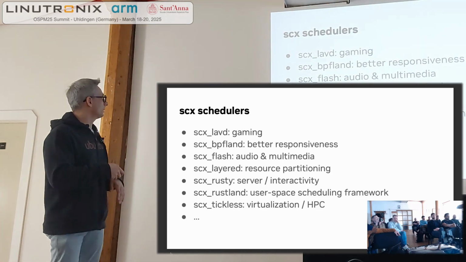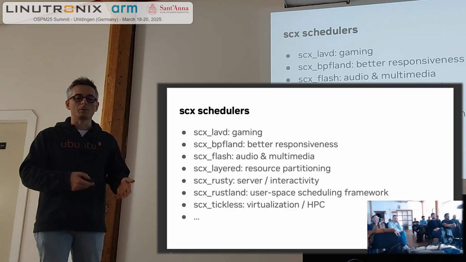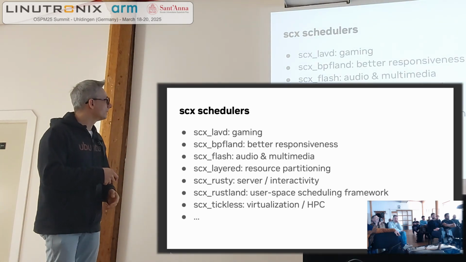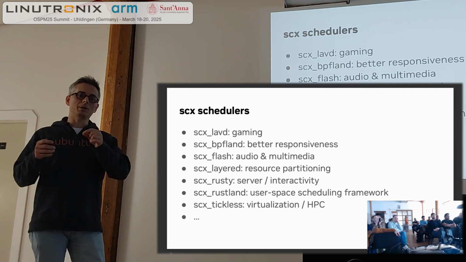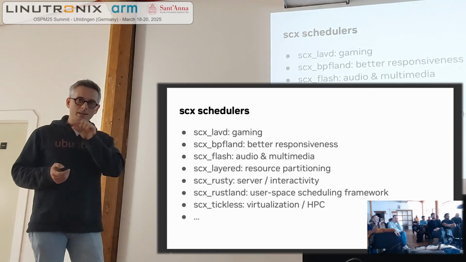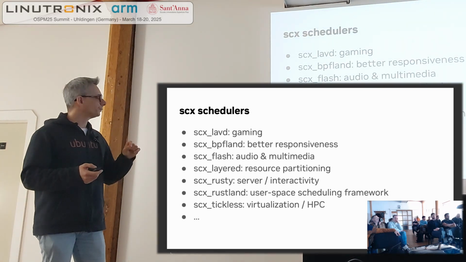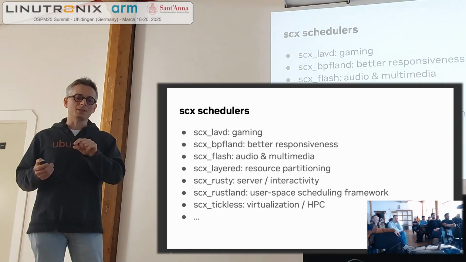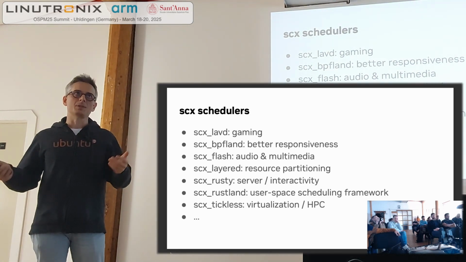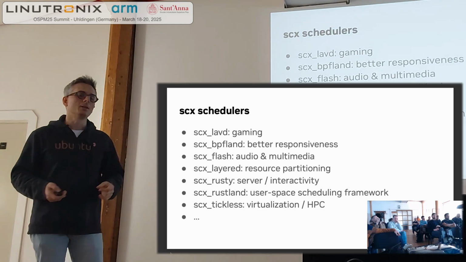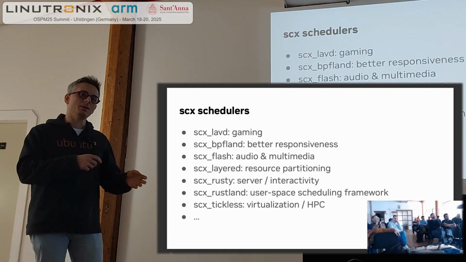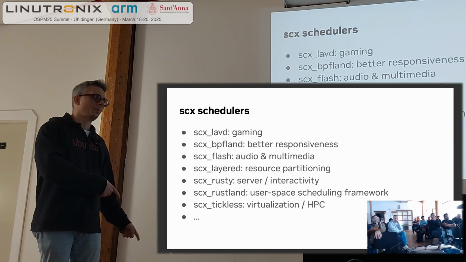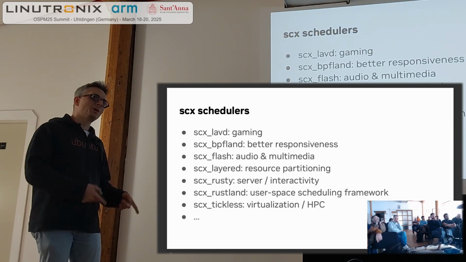But there are others, like Rusty, where the load balancer is in Rust in user space. Rustland is kind of the extreme opposite, where the BPF part is a thin layer, because if you implement a BPF scheduler, you just need to implement callbacks. And in Rustland, the callbacks are just passing all the events to a user space task that implements the scheduler.